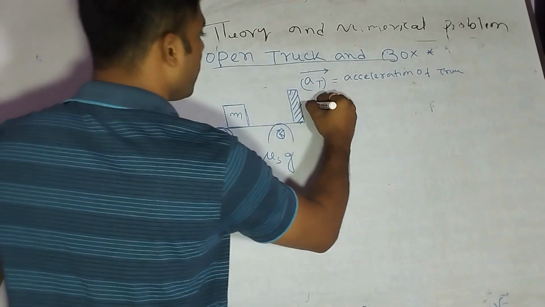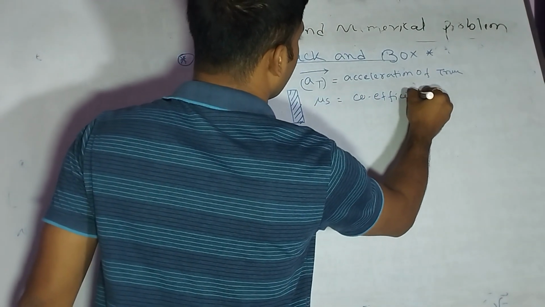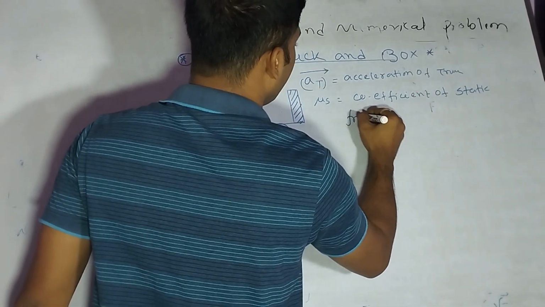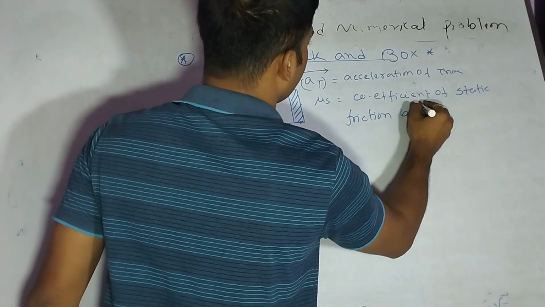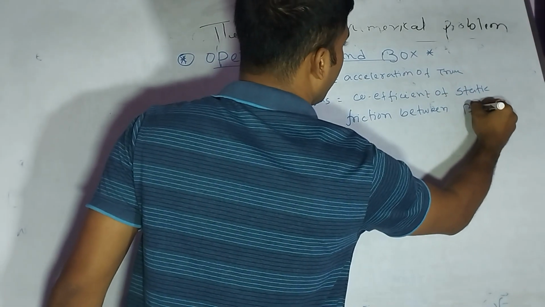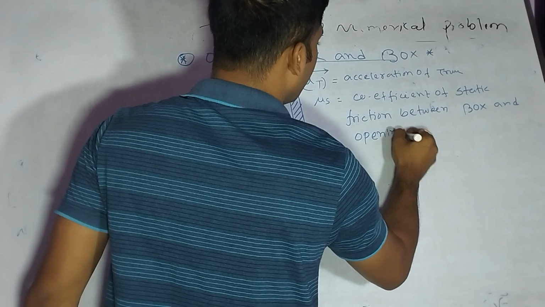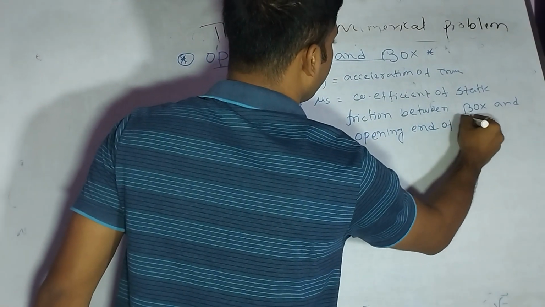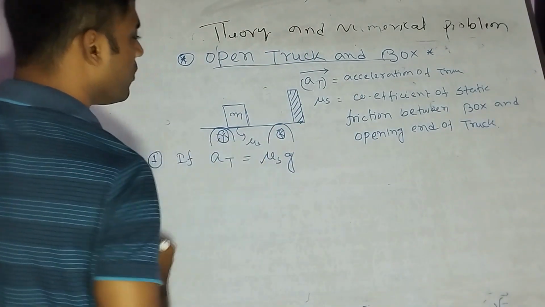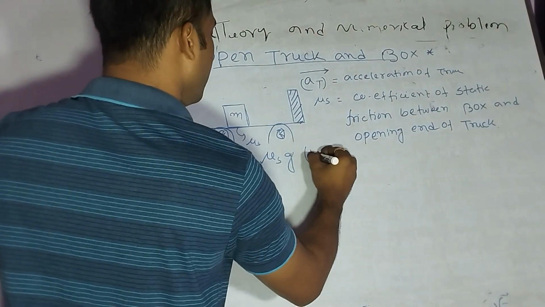Mu s is the coefficient of static friction between the box and the opening end of the truck. That means this value mu s is given. If AT is equal to mu s g, then this is the limiting condition.